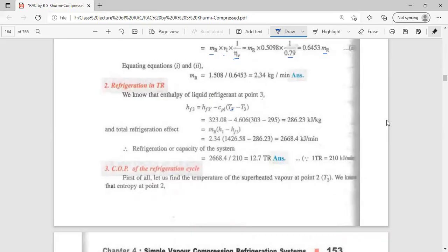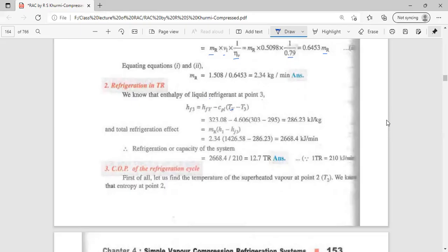We have to multiply the temperature drop during the subcooling by the specific heat of the refrigerant at constant pressure. So we know HF3 is 323.08 minus 4.606 multiplied by 303 minus 295, which is equal to 286.23 kilojoule per kg.